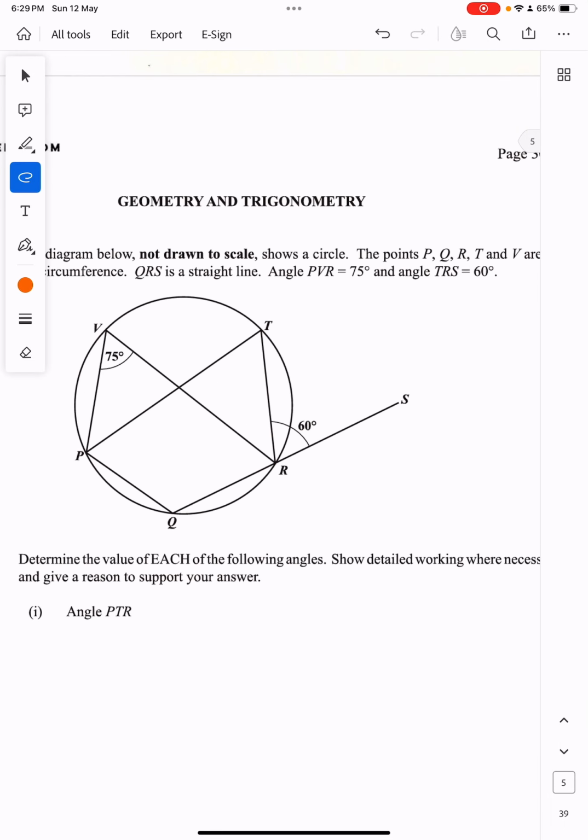Now, point to note, this line QRS is not a tangent. Right, although you see it sticking out and there's an angle between that line and the chord, that is not a tangent. Okay, so please do not make that mistake of taking it for a tangent and applying the rules with tangents to that line.